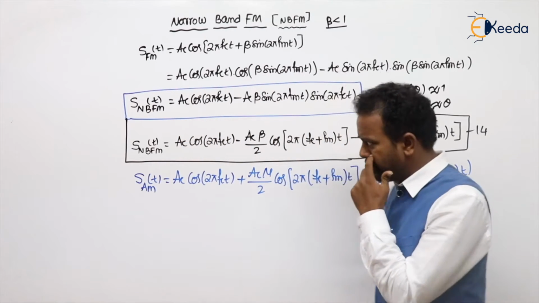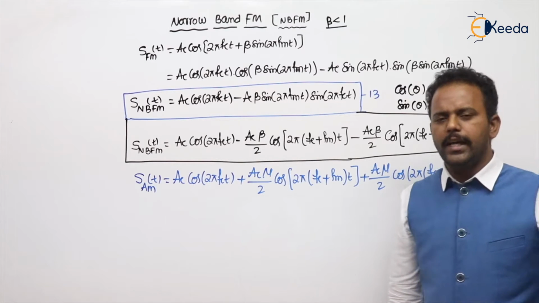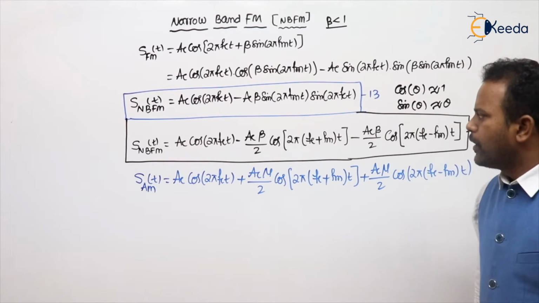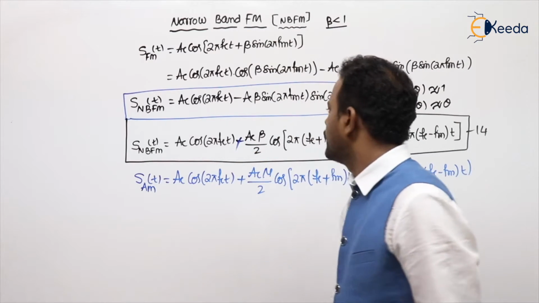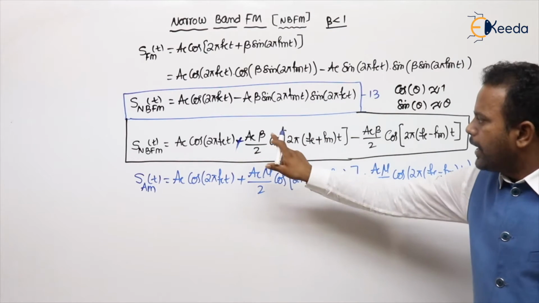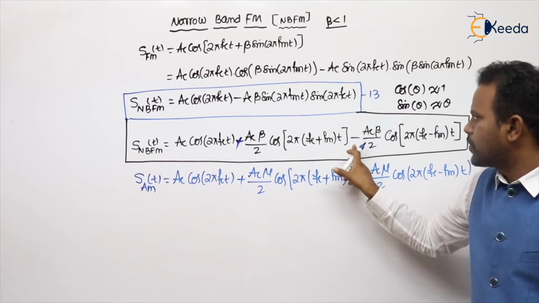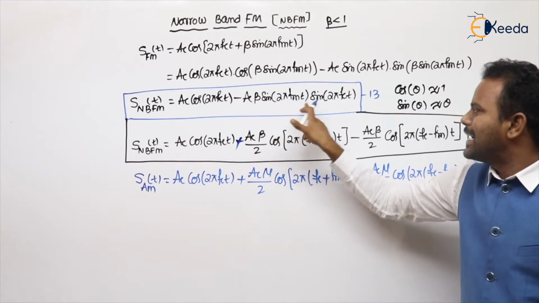Now, what is my intention of writing that AM expression? You will understand. Wait, for the NBFM it is minus, because of minus sin A sin B.